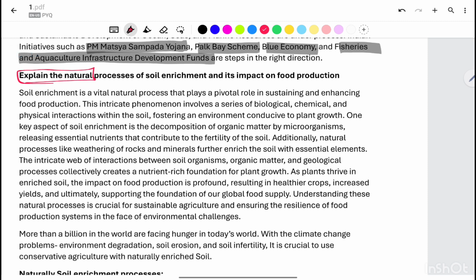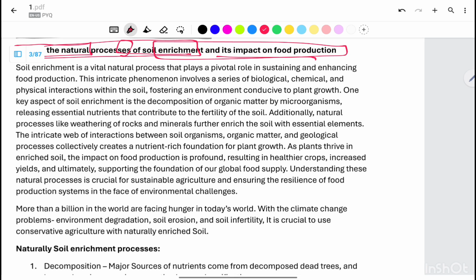Next, we have to explain the natural processes of soil enrichment and their impact on food production. So, what is soil enrichment? Soil enrichment is a natural process that plays a vital role in sustaining and enhancing food production.